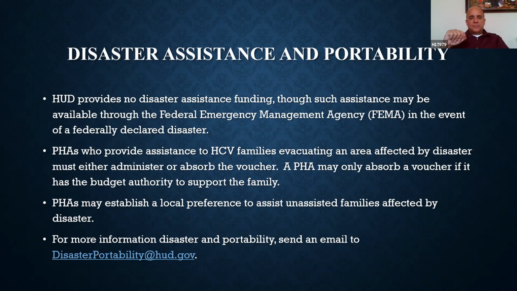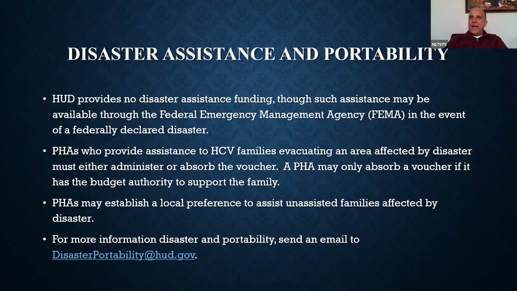PHAs may establish a local preference to assist unassisted families affected by disaster. Now, this is not really technically a portability issue. This would be a situation in which a disaster occurs in another jurisdiction, and a family that does not have a voucher from there comes to your jurisdiction. If you have a local preference to assist families that have been affected by disaster, you can house that family ahead of others on the waiting list.